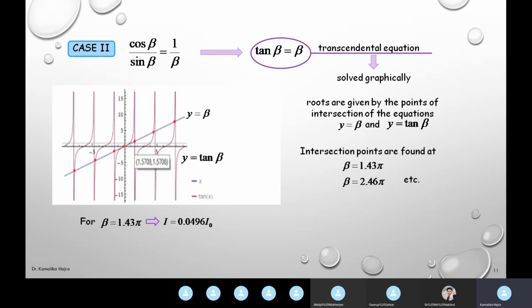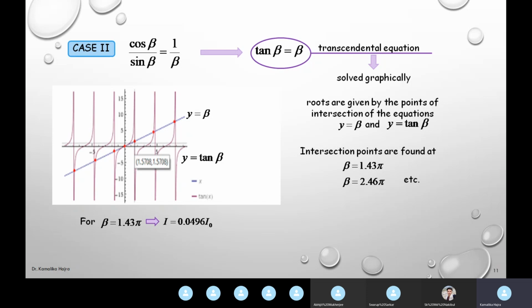So intensity at this value of beta, this value of beta means basically a particular angle theta, is only about 5% of the incident intensity I0.